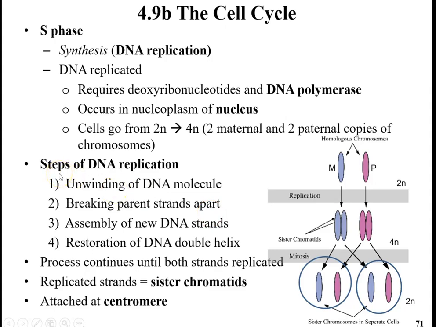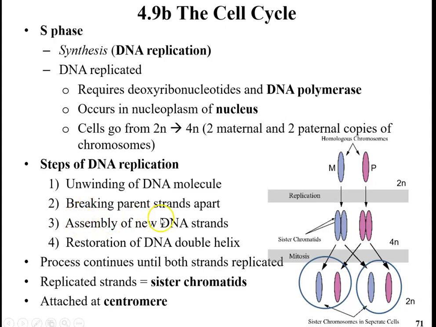As far as the steps of DNA replication, this is going to look familiar to you. It's similar to transcription. So there's going to be unwinding of the DNA molecule. You're going to break those parent strands apart. So you're going to break those hydrogen bonds that are holding the DNA molecule together.